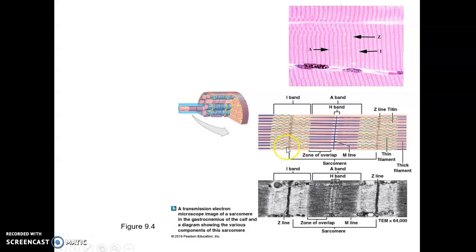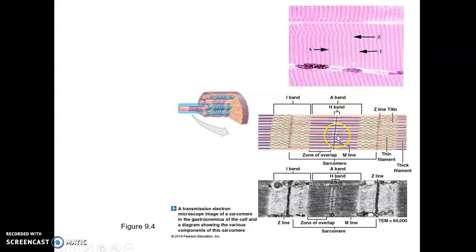But in most microscope pictures or diagrams, you can't see this amount of detail, you just see the dark and light, dark, light, dark, light. Okay? But from that thin Z line in the middle of the I band to the next Z line in the middle of that I band, that's one sarcomere. And then another one, and another one, another one.